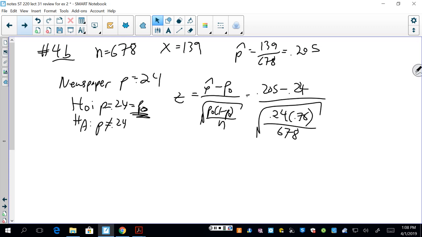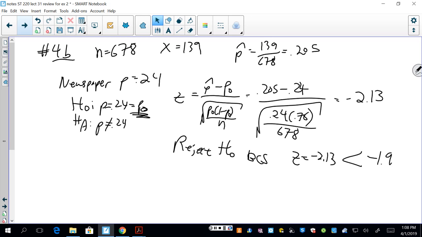This tells me the z statistic is negative 2.13. If you're doing a hypothesis test with cutoff negative 1.96, we reject H0 because our z statistic, negative 2.13, is less than negative 1.96. That corresponded to the alpha 0.05 cutoff. So we reject. It's not 24%, it's actually a little bit less.